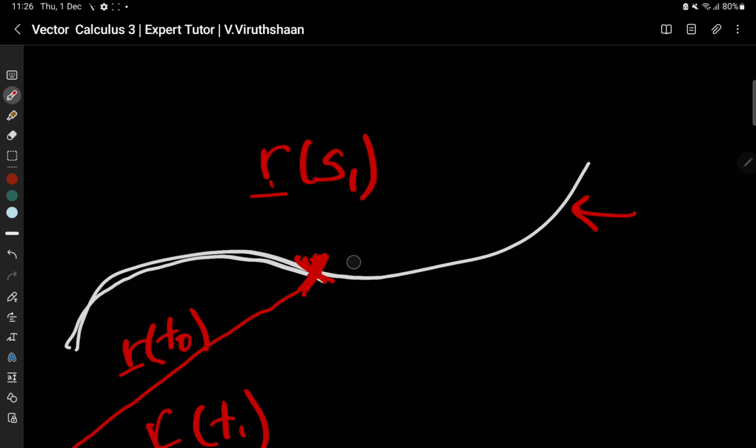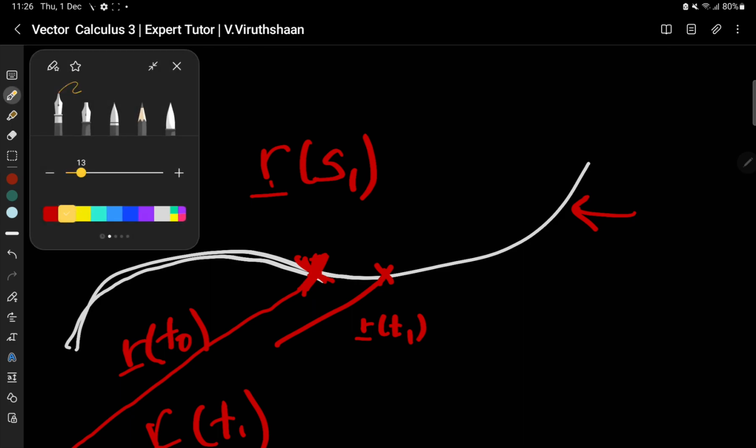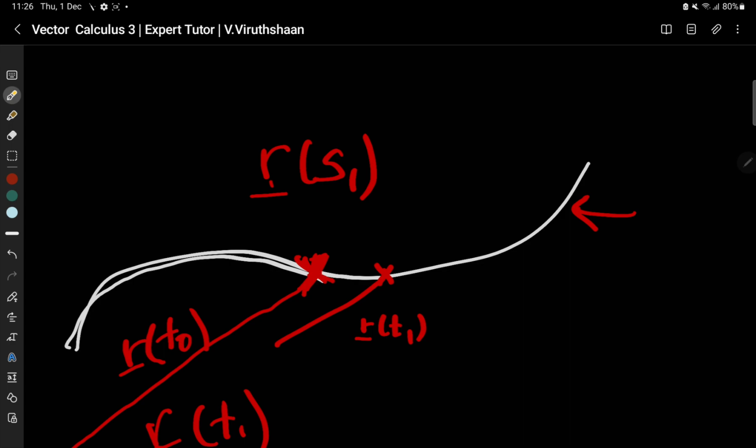We are going to move from this point to this point, which is denoted by r dash t1. How we are going to move is the important difference between the t parameter and the s, the arc length parameter. Every time we add s, it's going to move like this.